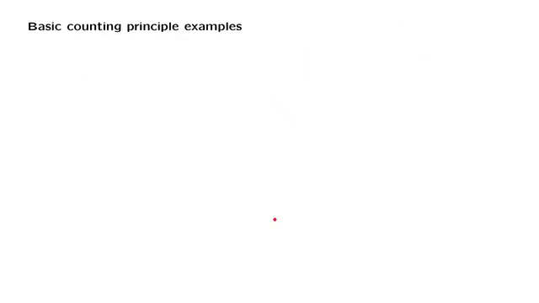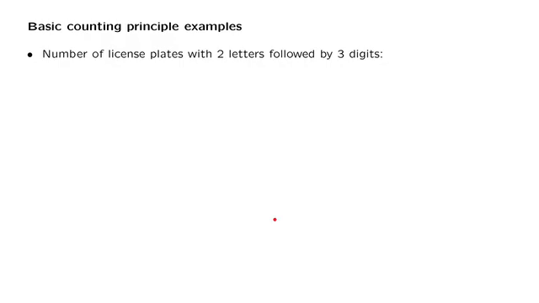In our first example, let us consider license plates that consist of 2 letters followed by 3 digits. The question is, how many different license plates are there? We think of the process of constructing a license plate as a sequential process. At the first stage, we choose a letter, and we have 26 choices for the first letter.